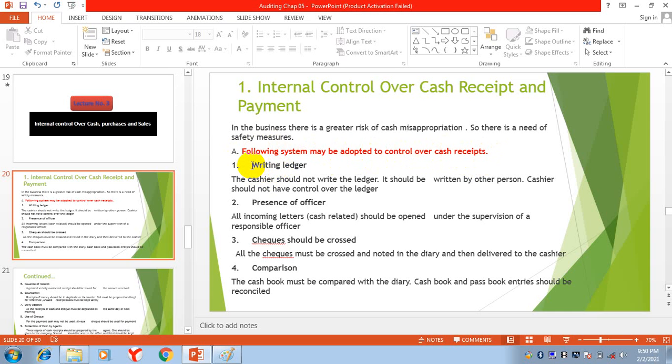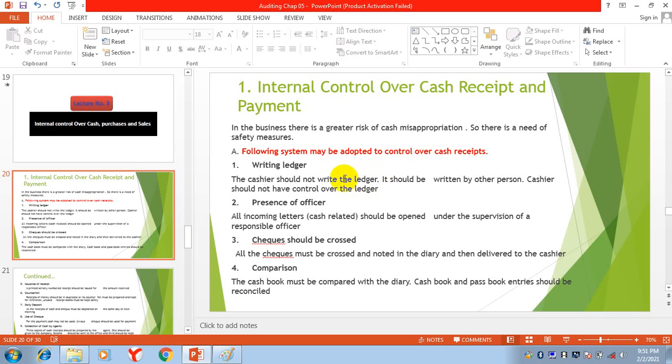The first measure is writing the ledger. The cashier should not write the ledger. Keep in mind, cashier is responsible for payment of cash and receipt of cash. He is not responsible for writing the ledger. Who will make the ledger?